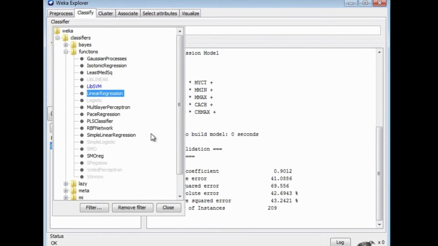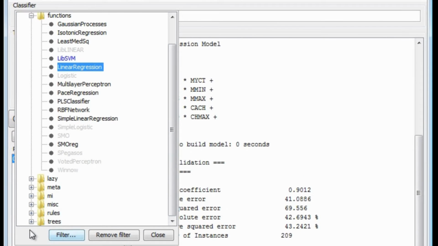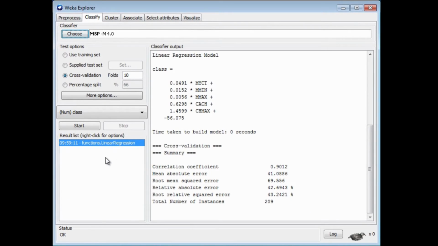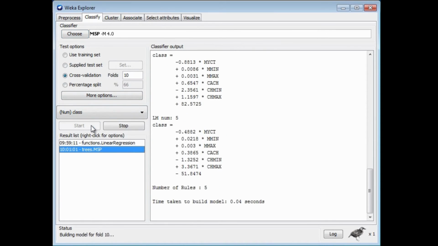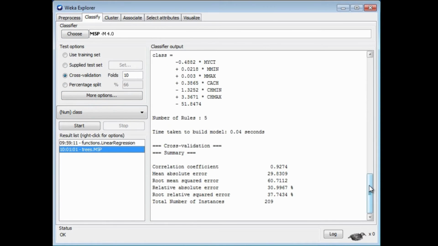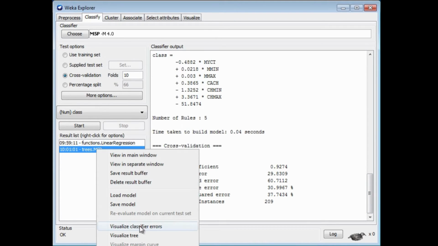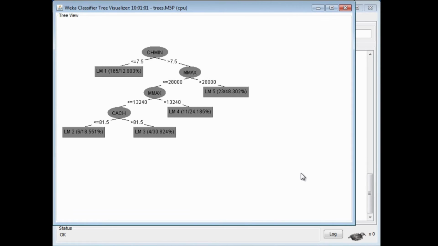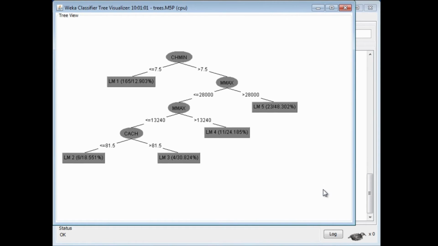So there's a method under trees with a rather mysterious name of M5P, and if we just run that, that produces a model tree. Maybe I should just visualize the tree here, and now I can see the model tree.